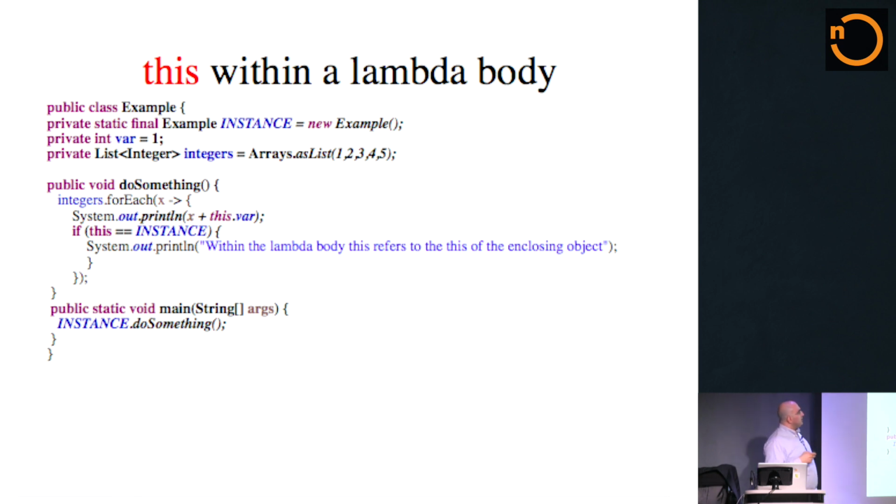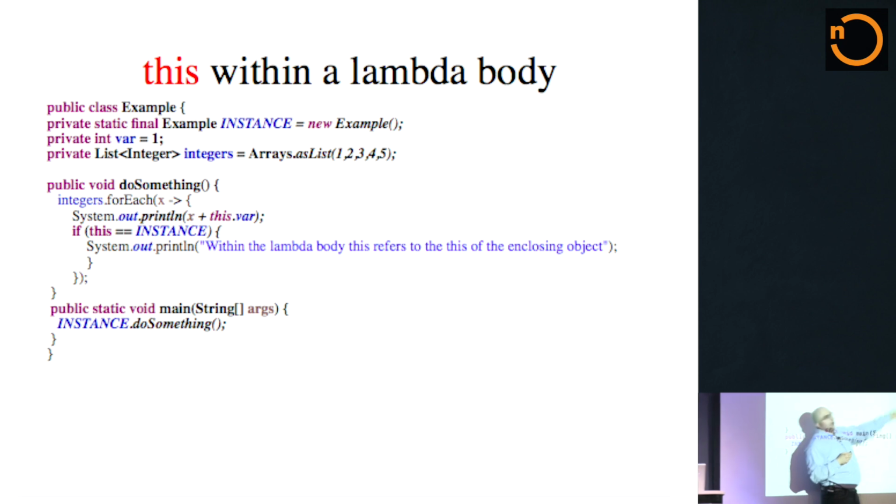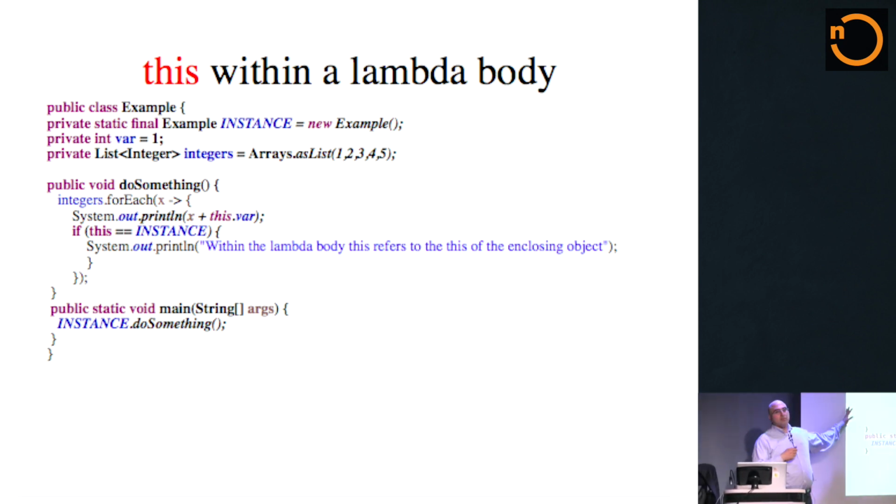Now we're going to call integers.forEach. And inside of it, what we're going to do is x arrow, and we're going to do this dot var. All right, so this code compiles. So what does that tell you about what the this points to inside of the body of the Lambda expression?